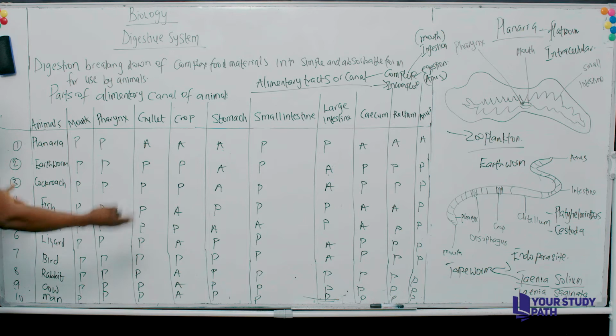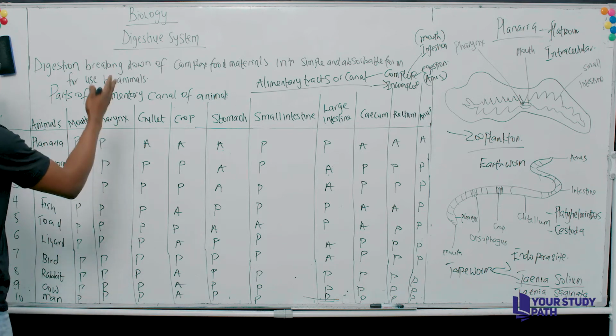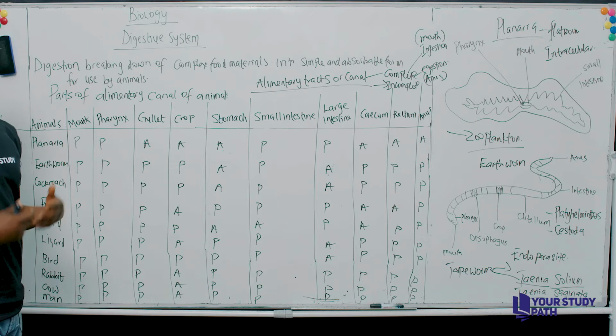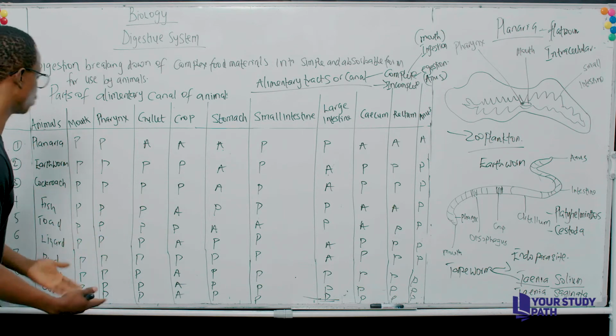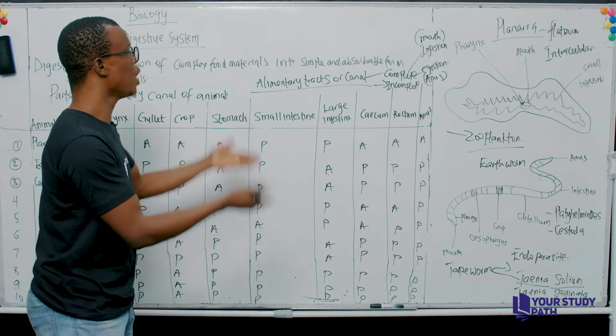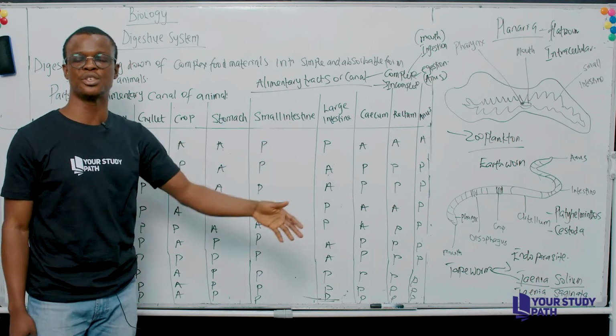Then we'll look at this table, and we'll use this table to break down and explain further, before we move to that of human, the alimentary tract of other organisms and how they literally feed and consume. The next one we'll look at is the earthworm. The earthworm has a complete alimentary tract or alimentary canal.